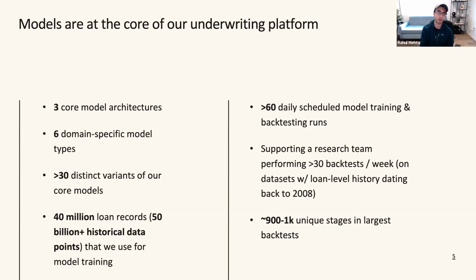We also support our quantitative research team, who, as part of their own experimentation, will be running over 30 to 40 full backtests on the loan level, with loan level history dating back to 2008, to validate various model changes, different experiments, trying to ensure that models have certain characteristics.